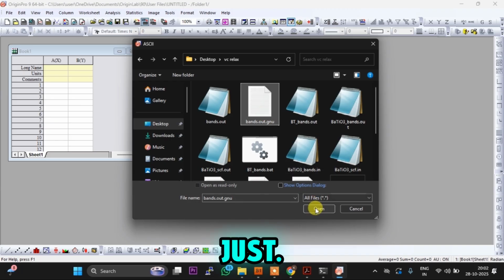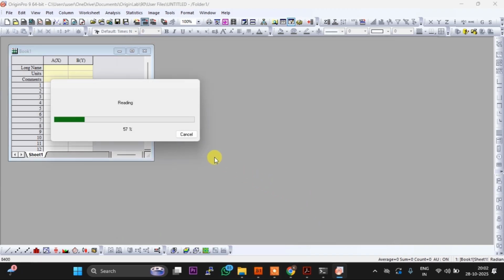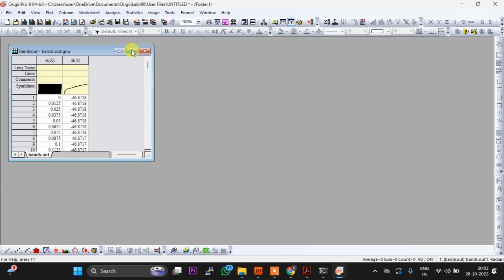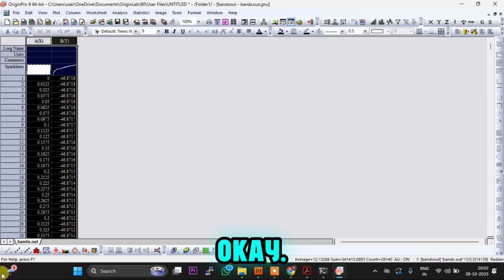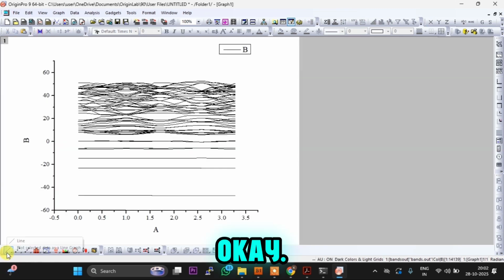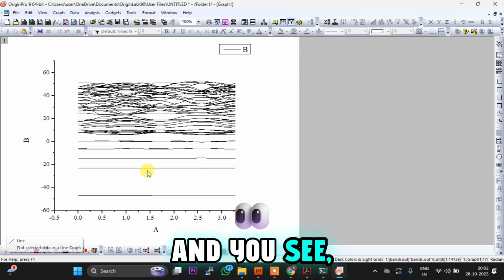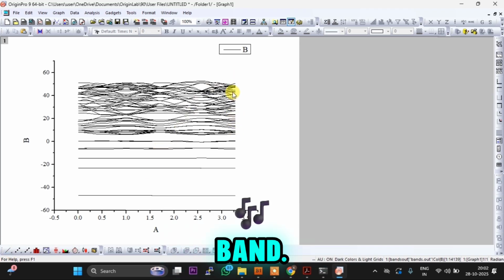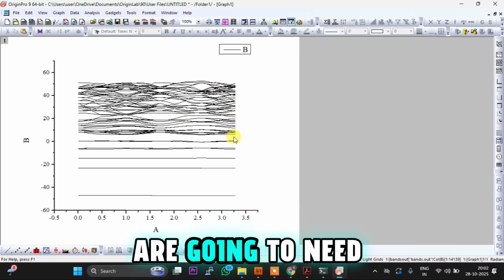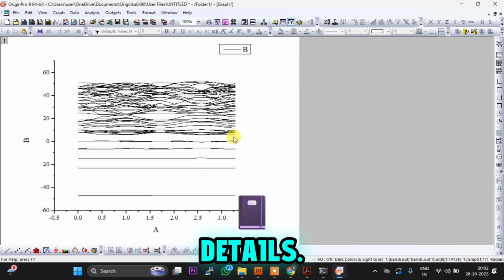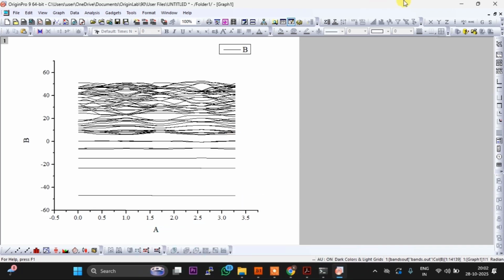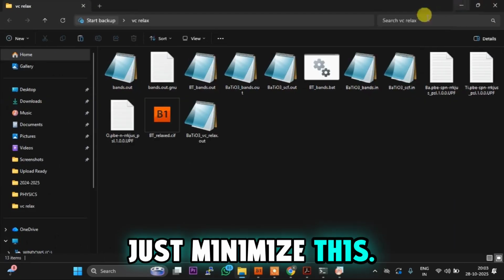Okay, just plot it. Okay. So that's the plot, and you see, this is an energy band. Okay, but what we are going to need is the intricate details. Okay, we just minimize this now.